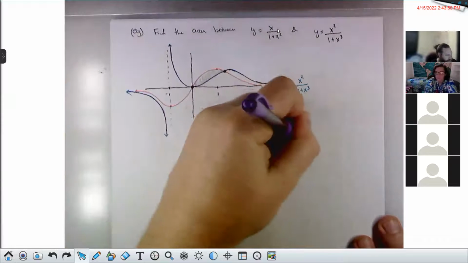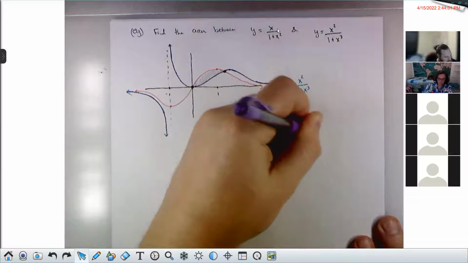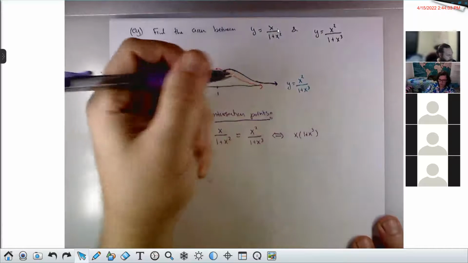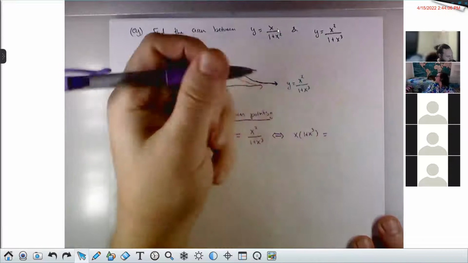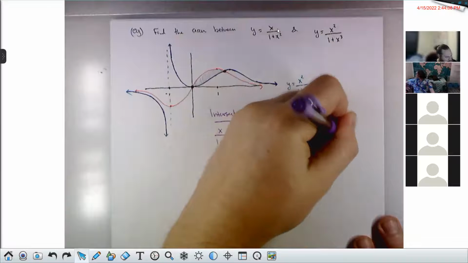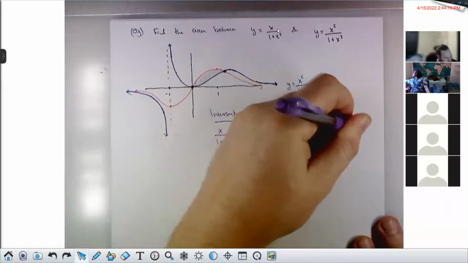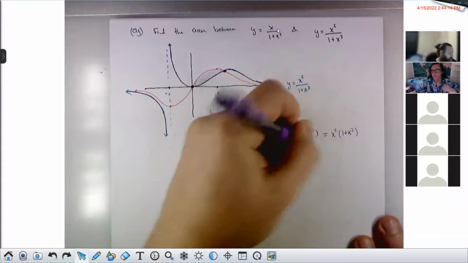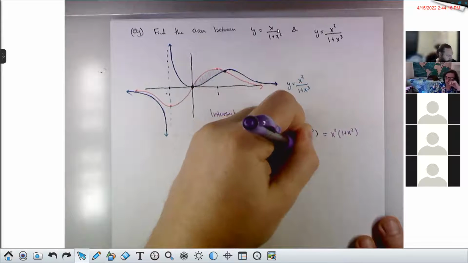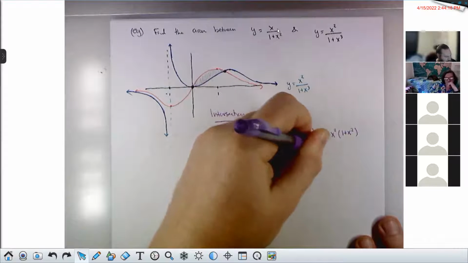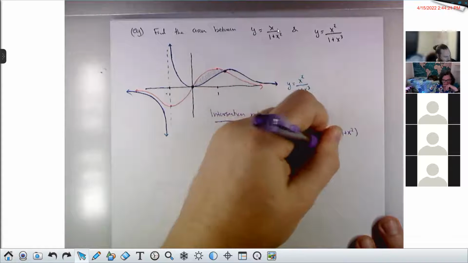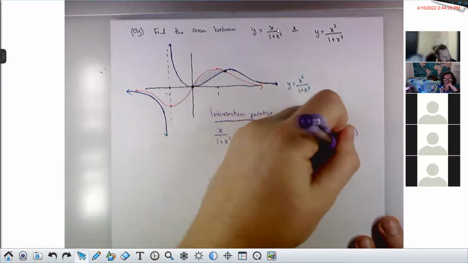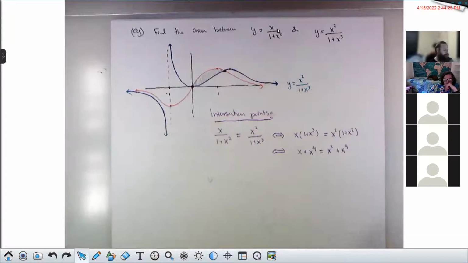So this will be x times 1 plus x cubed equals x squared times 1 plus x squared, which is the same as x plus x to the 4 equals x squared plus x to the 4.